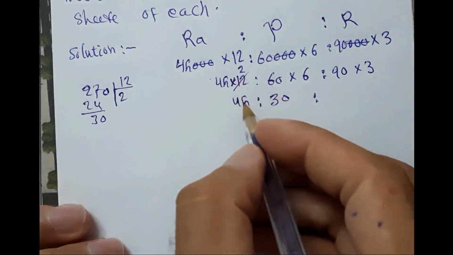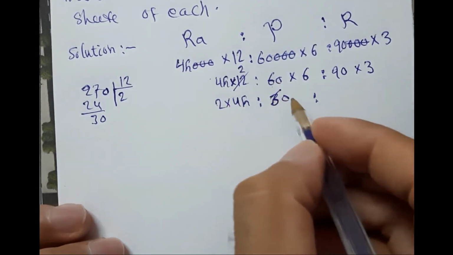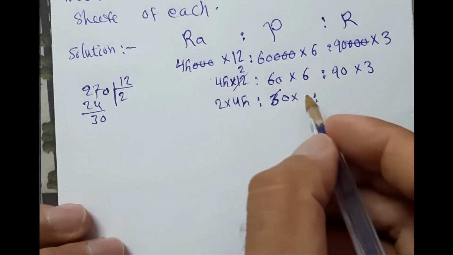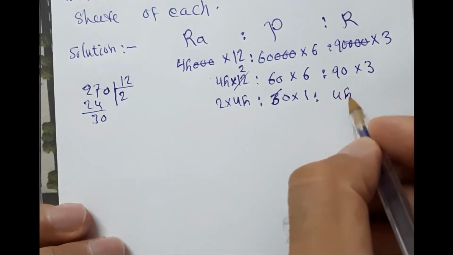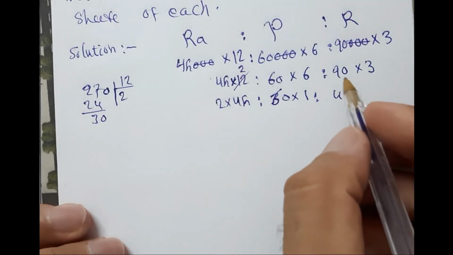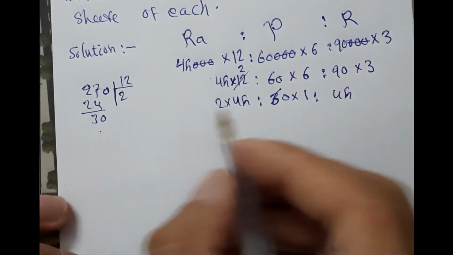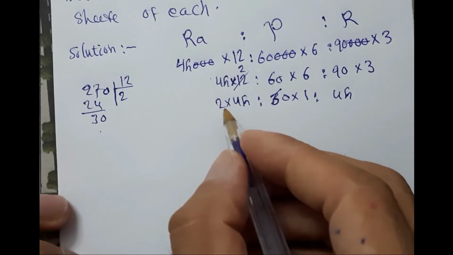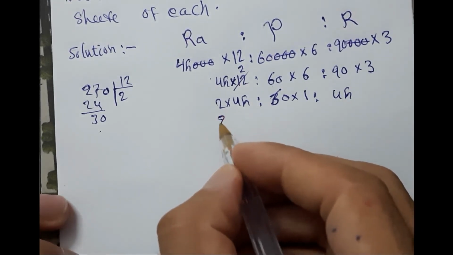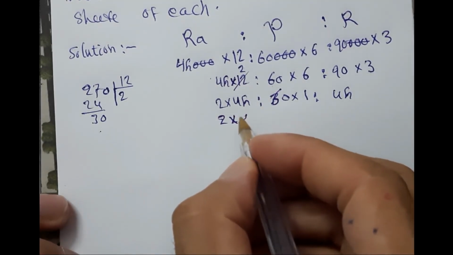So 45 multiplied by 2, 60 multiplied by 1, and 90 multiplied by 3 divided by 6 is 45. Then we multiply by 5.